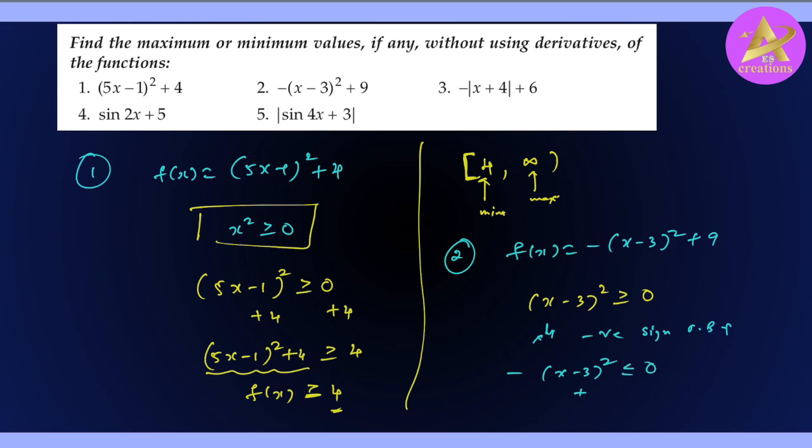Next add plus 9 on both sides, we get minus (x minus 3) square plus 9, which is less than or equal to 9. This is nothing but f of x, which is less than or equal to 9.